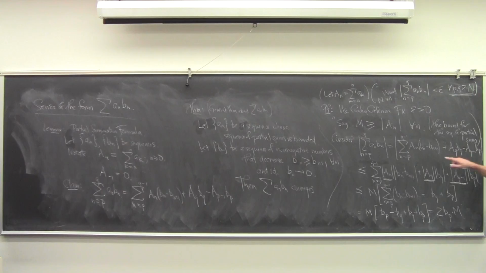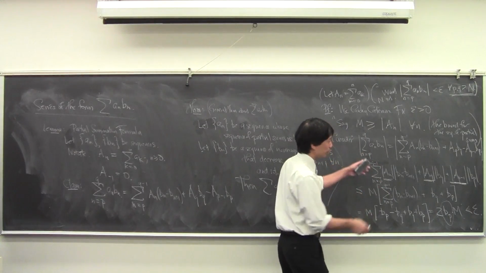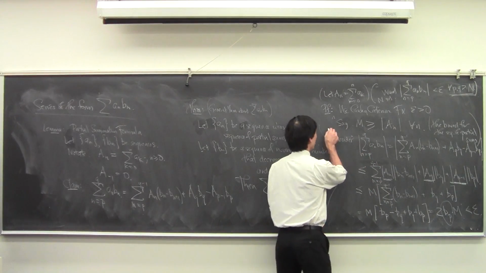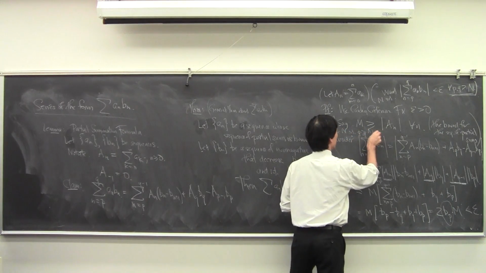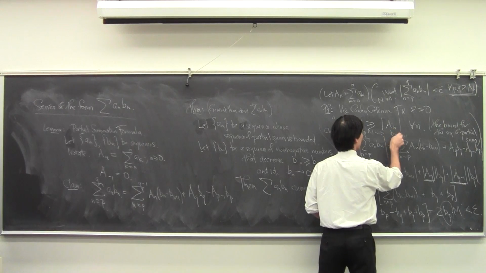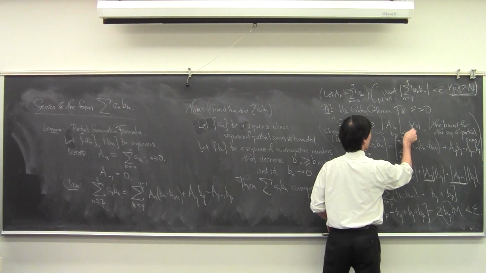Now remember that we're trying to make this thing smaller than epsilon, and this is why we chose our n so that p bigger than n makes b sub p smaller than epsilon over 2m, right? So this thing will be smaller than epsilon, right? So let's put that back in here. Like you do all the work, and then you slide in, you say, okay, choose n such that p bigger than n implies that b sub p is smaller than epsilon over 2m.